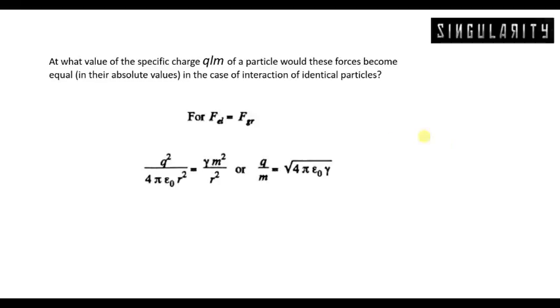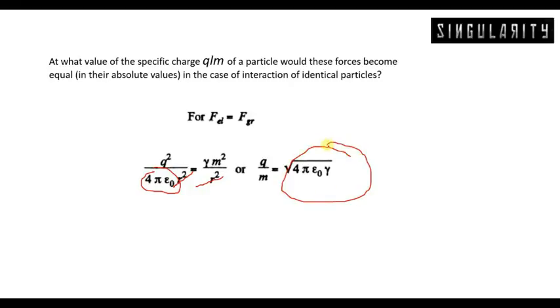You just need to play around with the formula. Cancel this r square and r square, take this part to this side, and bring this m to the other side, so it comes out to be q by m squared over here.